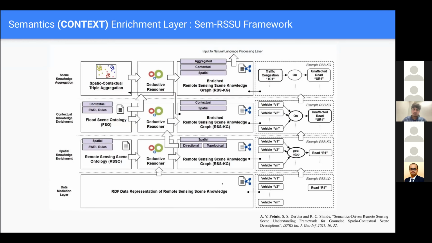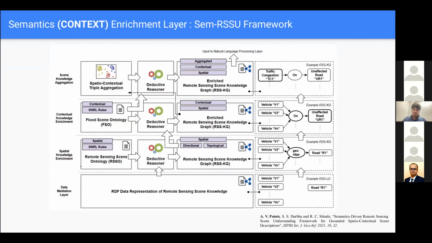So this was the information in the knowledge graph after the data mediation layer. Now comes the semantic enrichment layer, where the machine should try to understand and form relations between these individual regions that were detected in the data mediation layer. So how does it do that? Let's talk a bit about that.